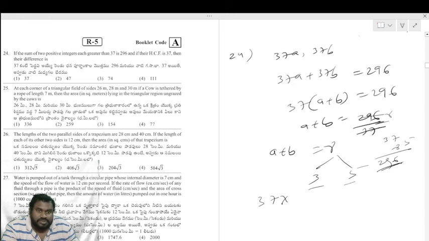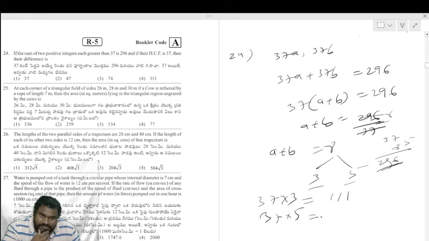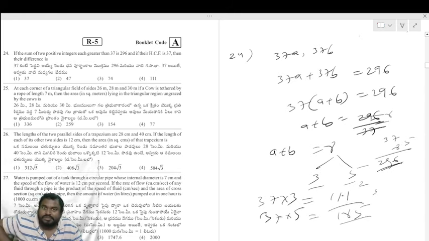So 37 into 3 is one number, 37 into 5 is the other number. 37 3s are 111, and 37 5s are 185. Verify: 111 and 185.